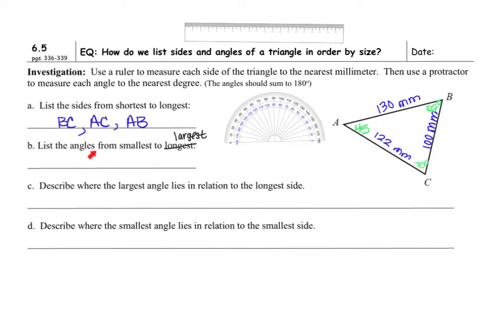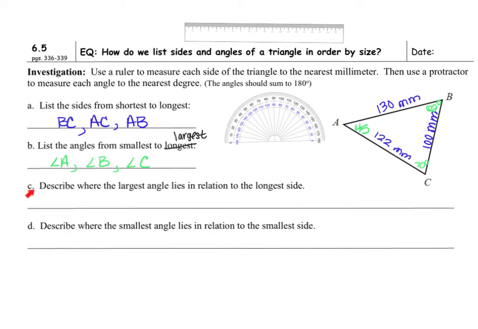So if we were listing the angles in order from smallest to largest, we would have angle A first, because that's 45 degrees, then angle B, which is 62 degrees, then angle C, which is 70 degrees.